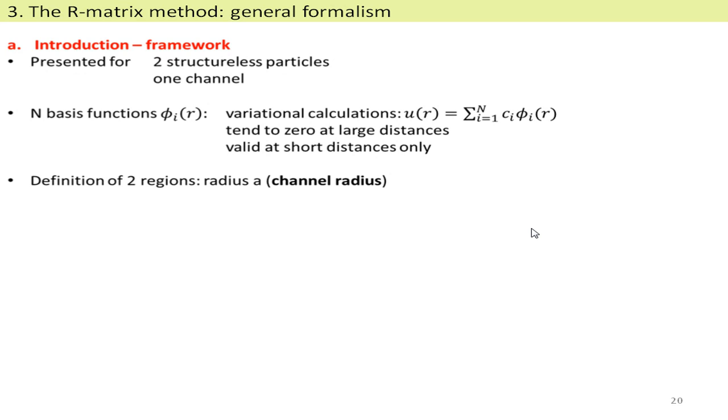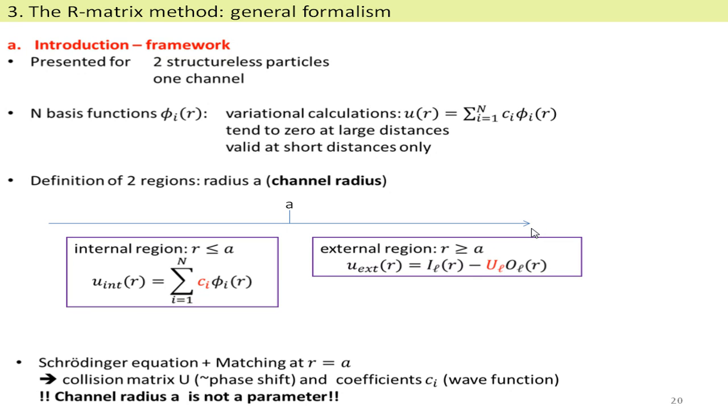If you take a finite combination of these functions, where Ci are coefficients, the finite combination will tend to 0. So you cannot describe a scattering state, because we know that the scattering state oscillates at large distances. This is why the variational method must be complemented by something, and this something is the R matrix.